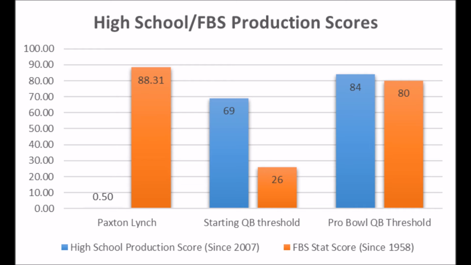You need to have a quarterback who hits the high school production thresholds he needs to hit and the college production thresholds that he needs to hit. You need to have that sort of symbiosis, connection, if you will. Because a lot of times high school production data basically tells you if the offense is inflating things a lot.